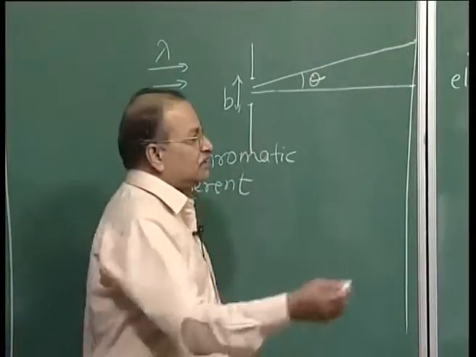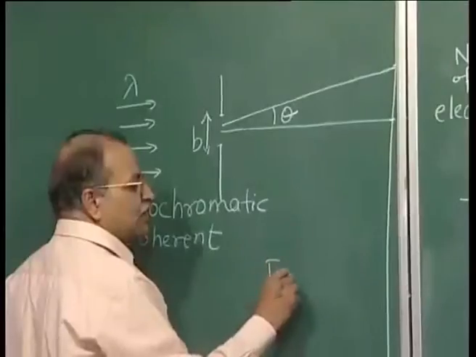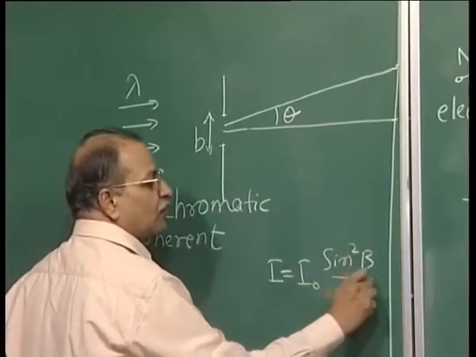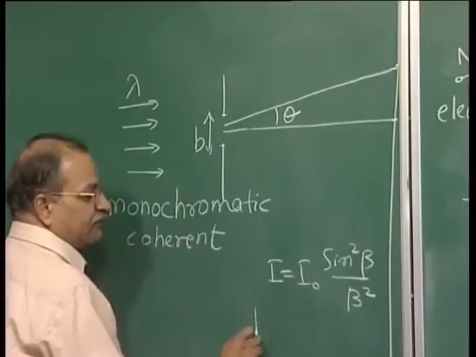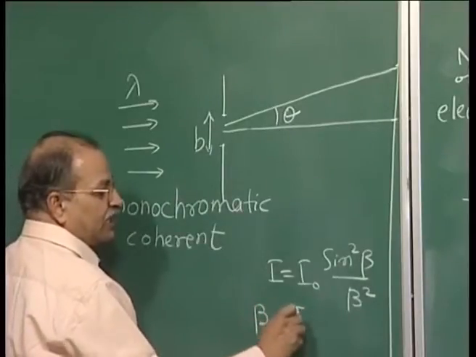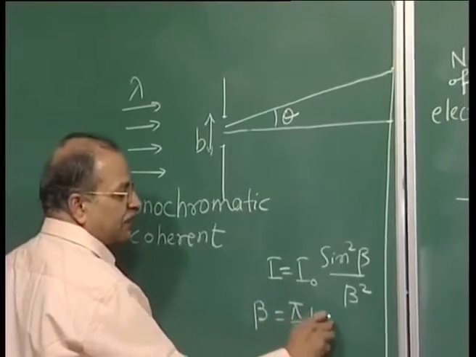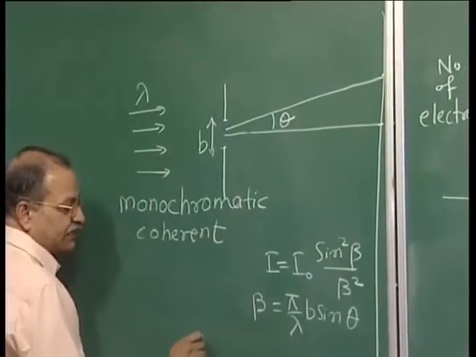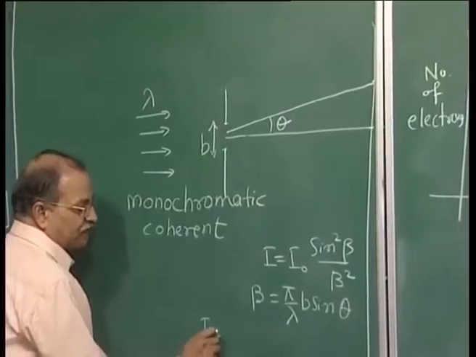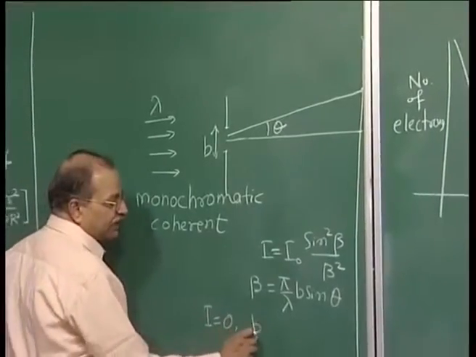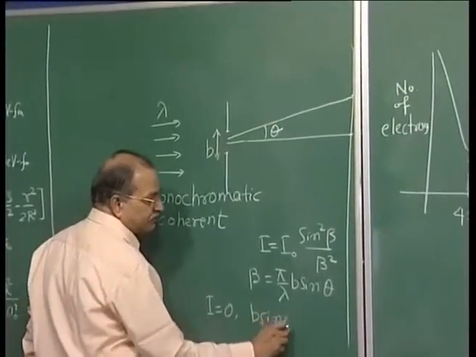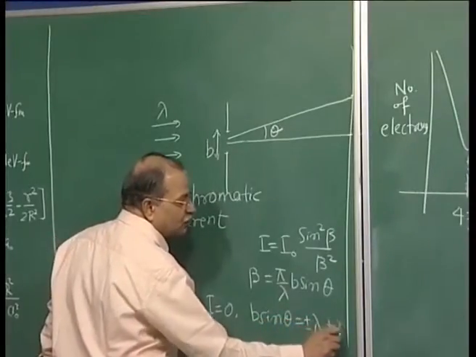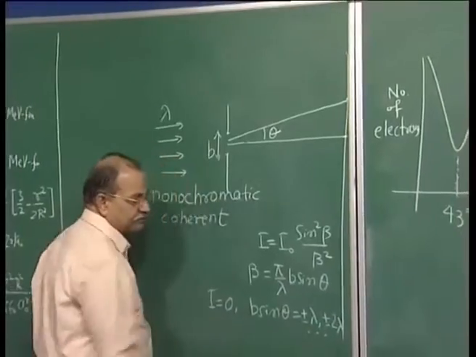So, the equation is I equal to I naught sin square beta over beta square, where beta is pi by lambda b sin theta, and if you do analysis, this intensity becomes 0 when b sin theta is plus minus lambda, plus minus 2 lambda and so on.